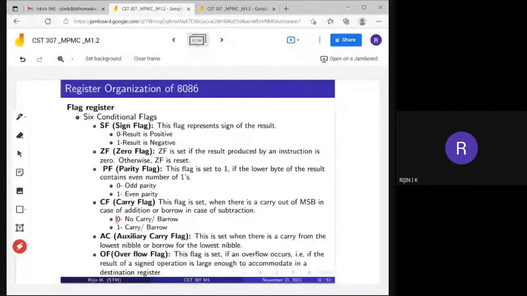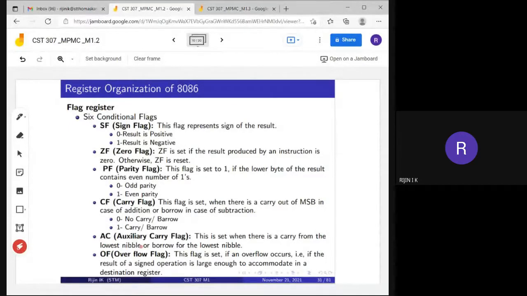So 0 represents there is no carry, and 1 represents there is a carry. Then the next flag is auxiliary carry. We have studied that after performing the arithmetic operation, if there is a carry out of the most significant bit, then the carry flag will be set.